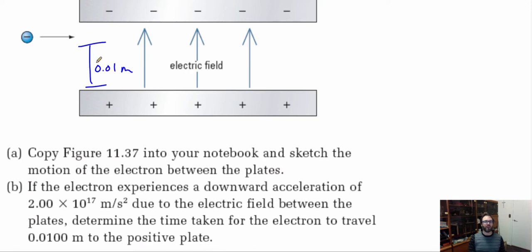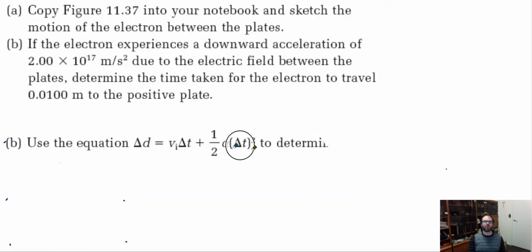My y vector for velocity is going to be 0 because my initial y for the velocity is 0, and we have an acceleration of 2 times 10 to the 17 meters per second squared. So we're going to use the equation of distance is equal to my initial velocity multiplied by time plus 1/2 of the acceleration multiplied by my change in time squared.